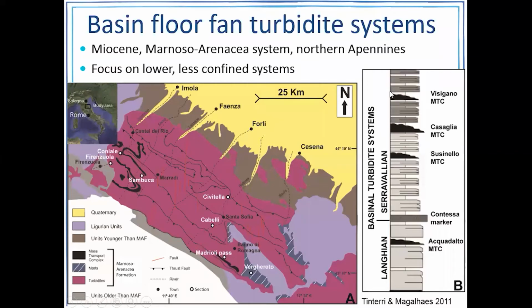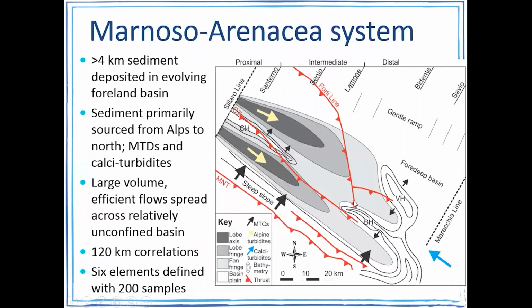There's a range of stratigraphy that spans around 4 kilometers, and here we're going to focus on the lower, less confined of those systems that were deposited in an elongate foreland basin that became ever more confined through time until its eventual closure and uplift to the exposed sediments at outcrop today.